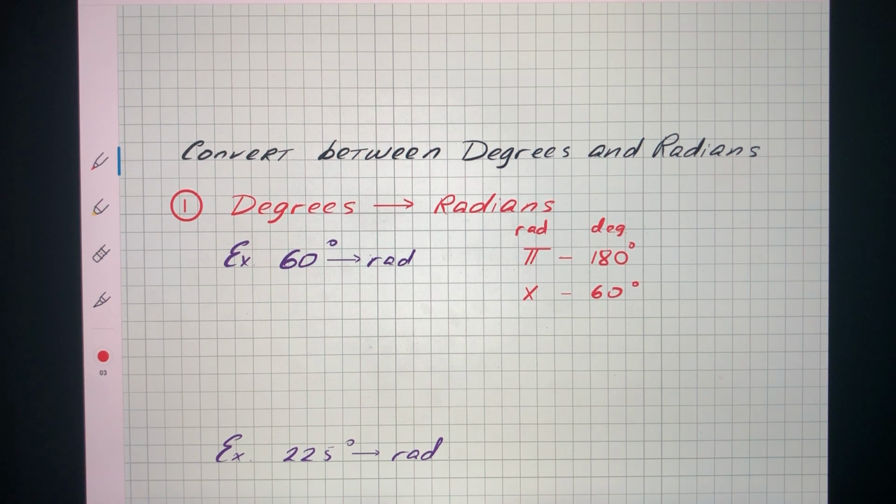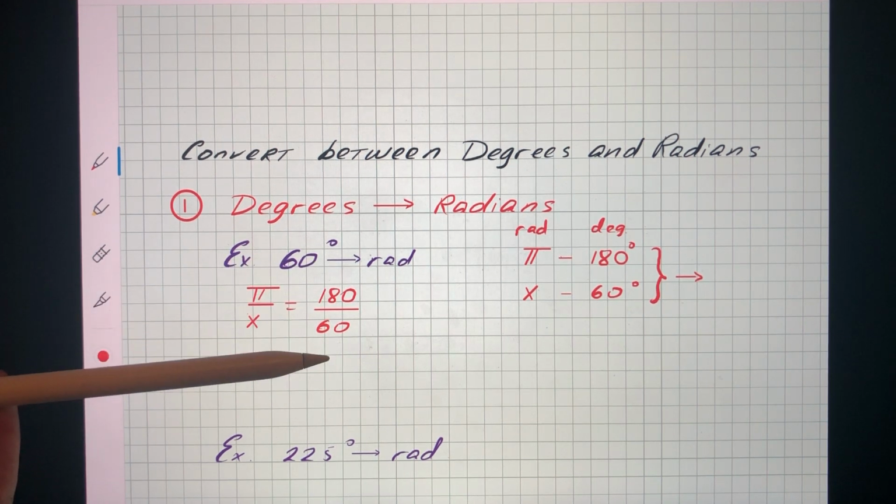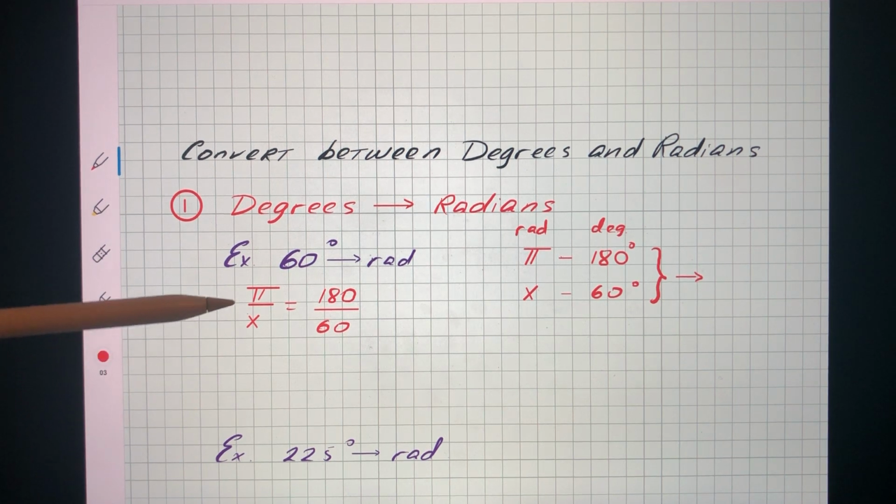So we have pi divided by x is 180 divided by 60. From here, we can cross multiply and find x. If we have a fraction on one side, a fraction on the other side, and nothing else, and the two sides are equal to each other, then when we cross multiply diagonally, that statement would also be true.